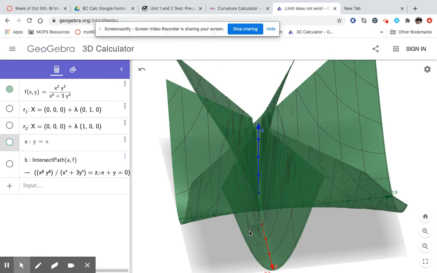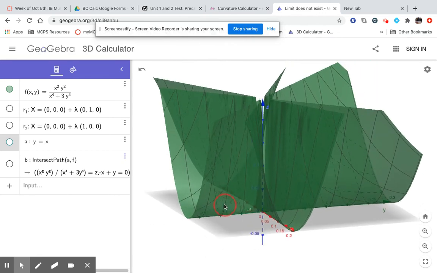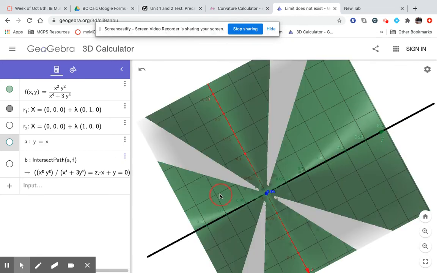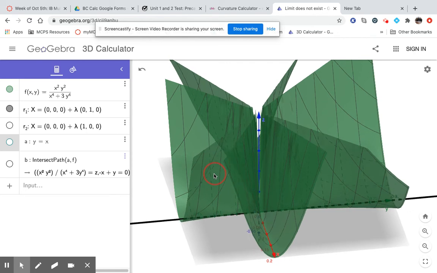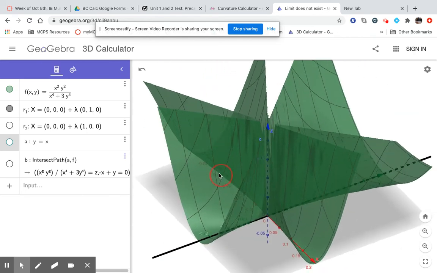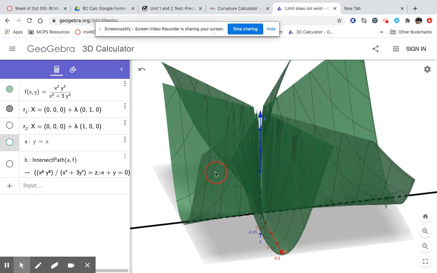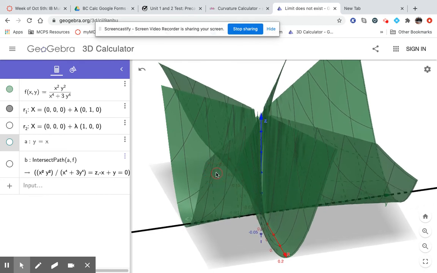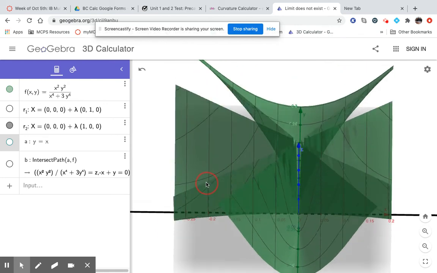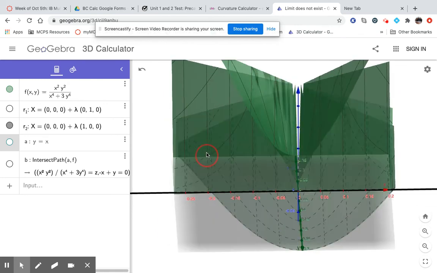So what I did first was, there's the path. I looked at the limit holding x constantly 0 going through the point 0, 0. I held x constant and kind of walked along there, and I bumped at 0. Then I turned that one off and I went on the y path. And when I went on the y path and walked from the left and the right, I bumped at 0.